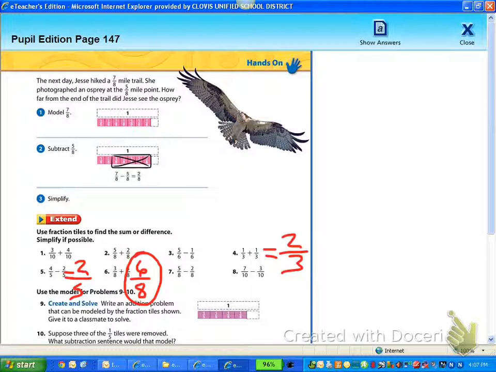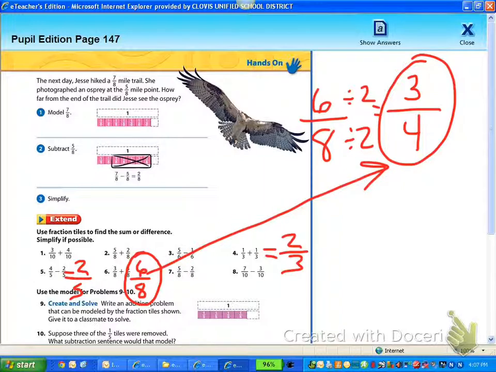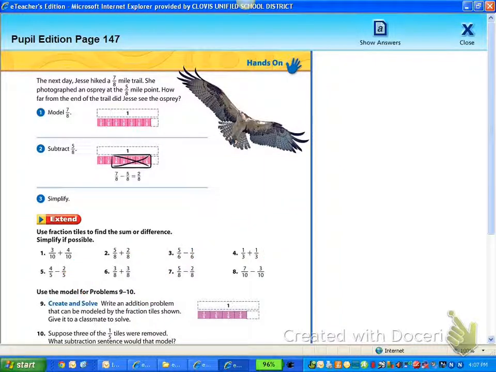You can simplify that because 6 and 8 are both divisible by 2. So the correct answer would be 3/4 for number 6. Again, that will be a test question similar to that where they'll have 6 eighths and 3/4 as answers.